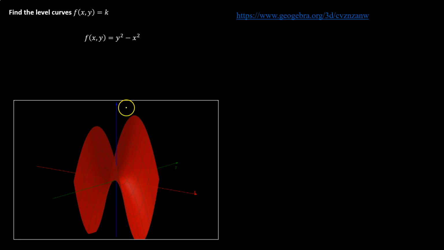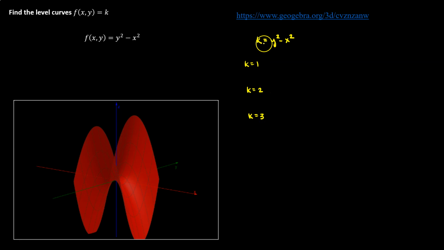Here we're looking at the function f of x y is equal to y squared minus x squared. And if we want to find some level curves for this function, maybe the first thing we do is set our function equal to some generic constant, like k. And then we ask ourselves, if we were to change k to different values, how would that function change? How would that map change?